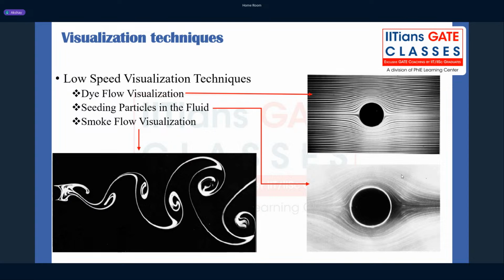So all these conventional techniques might not go well with the change in properties such as density and the temperature of the flow field, because these seeding particles as well as the fluid should have similar properties, or else the compressibility effect will be different for different particles.